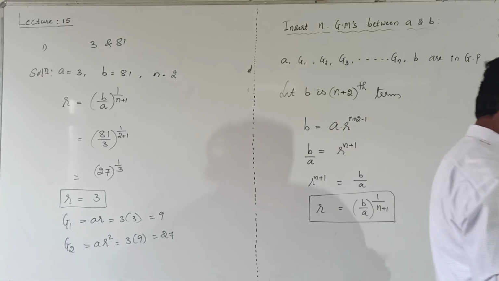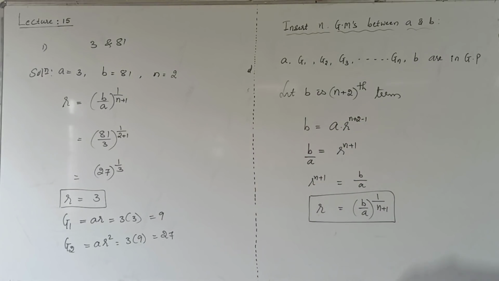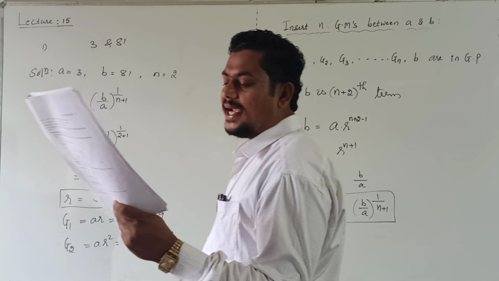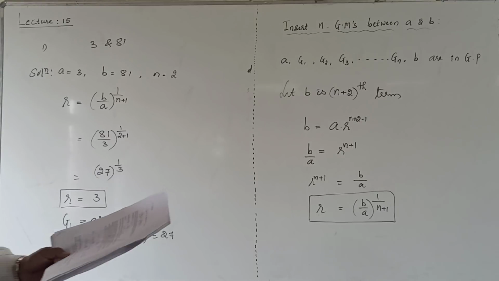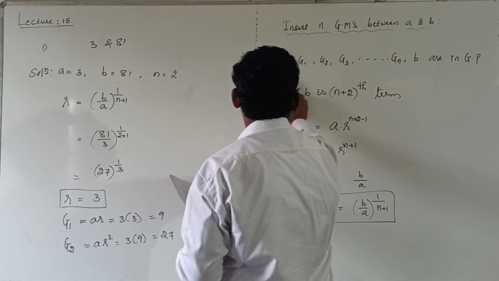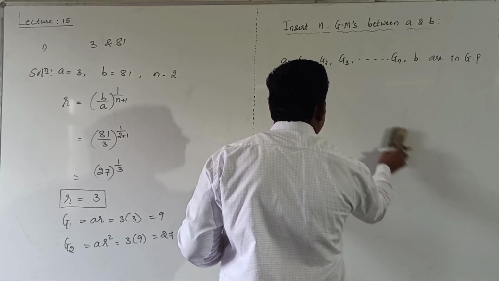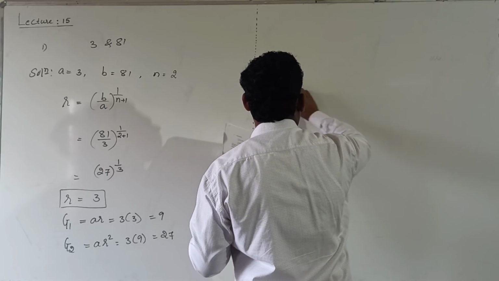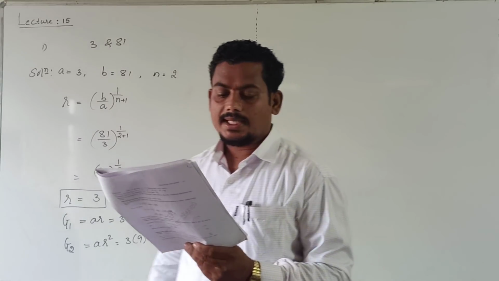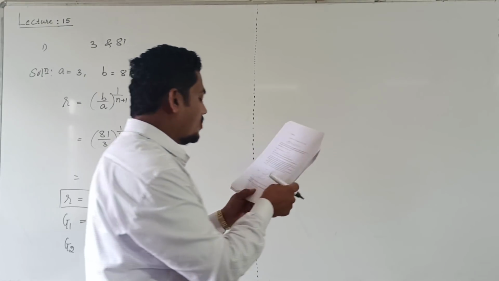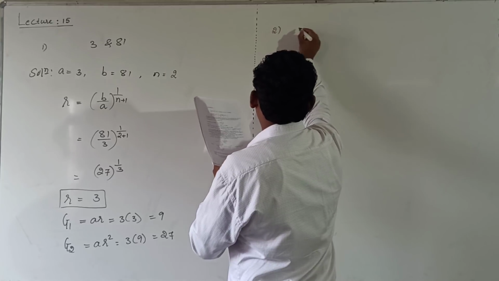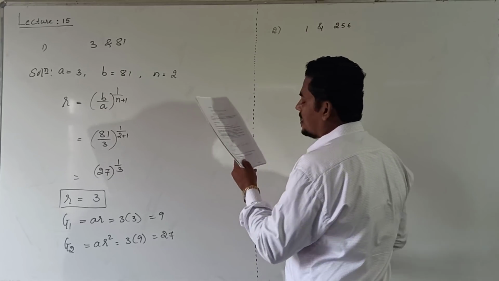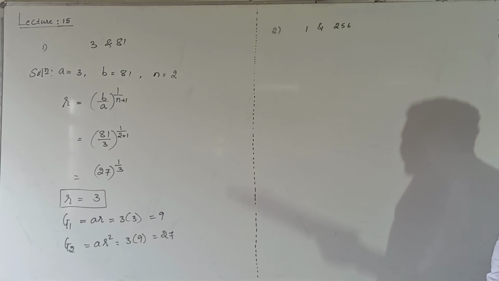Next problem. Insert three numbers between 1 and 256, such that the resulting sequence is GP.